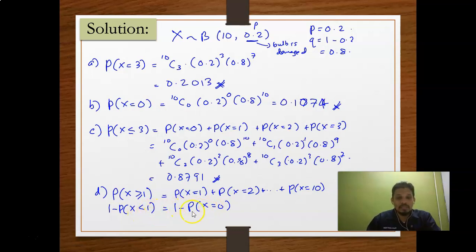So 1 minus probability of X equal to 0, which we got from here: 1 minus 0.1074 equals 0.8926.